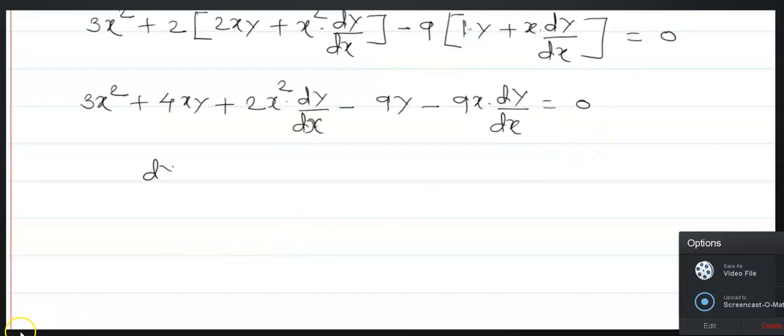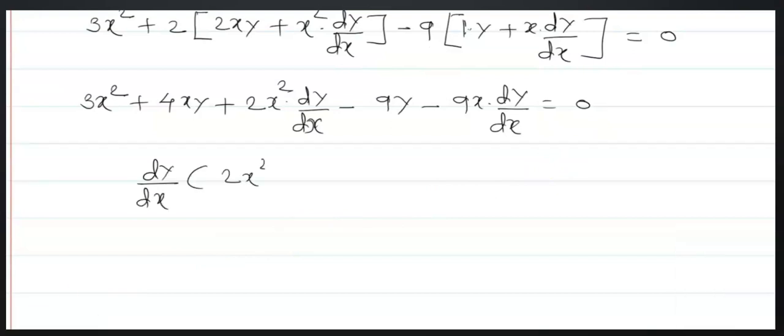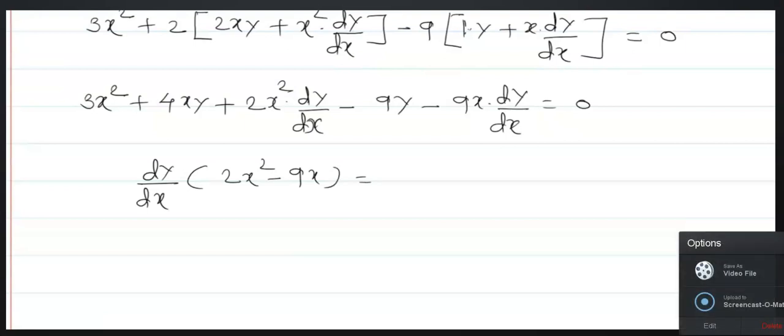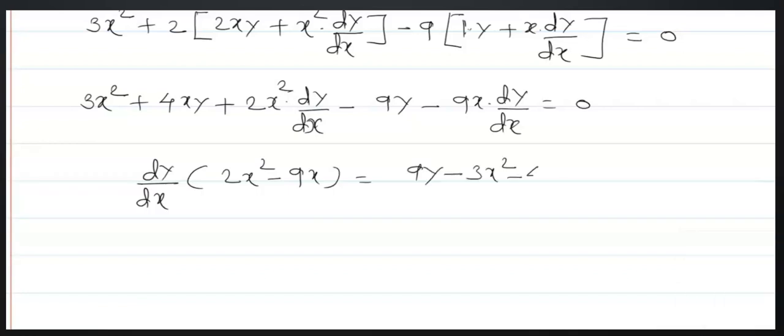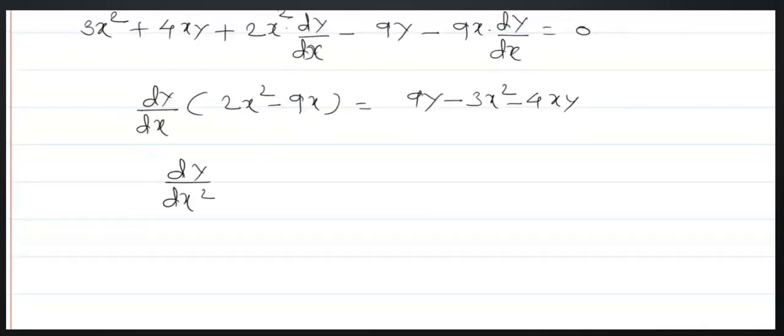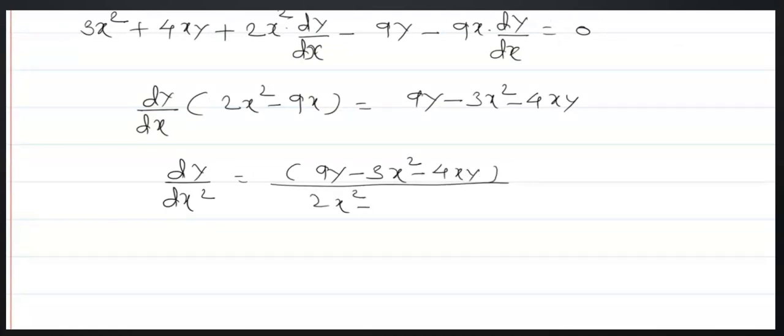This is the simplification. Now collect the terms of dy/dx. Take dy/dx as common, then in bracket you will get 2x² minus 9x, is equal to 9y minus 3x² minus 4xy upon 2x² minus 9x.